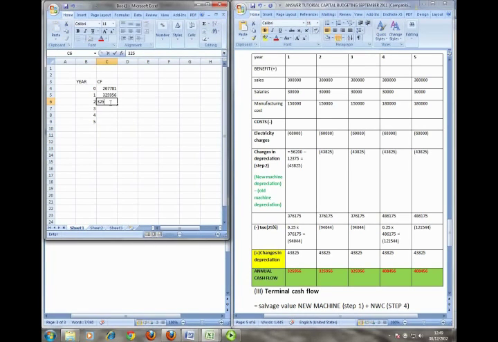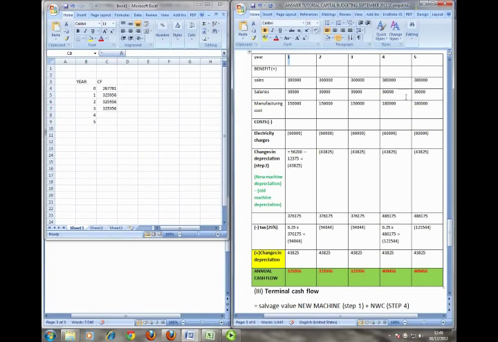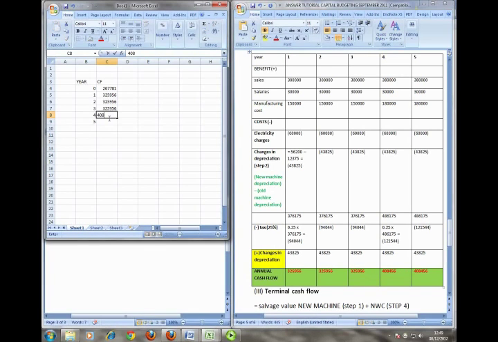Next, 325,956 is the same, right? Because year 1 to year 3 is the same annual differential cash flow, 325,956. In year 4, your annual differential cash flow is 408,456.